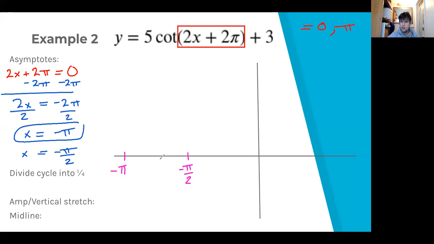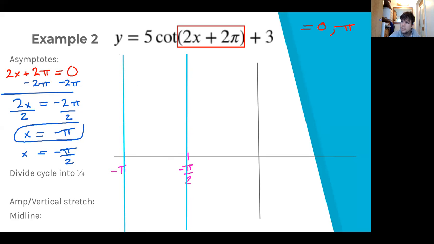So here are our two asymptote locations, and our graph will exist between them right here. Not ideal, still kind of scrunched, but the best we can do with what we have. So I'm going to draw in my vertical asymptotes, and make sure they actually line up over these values.